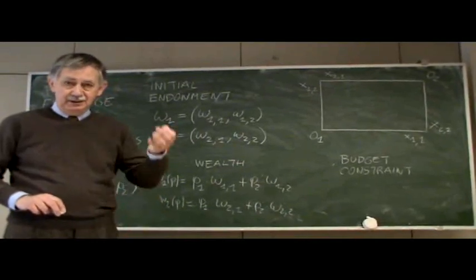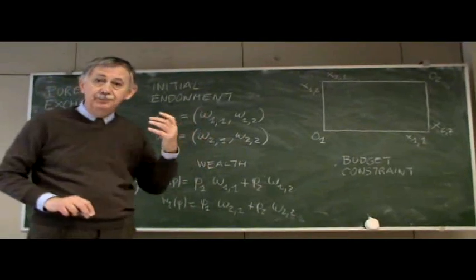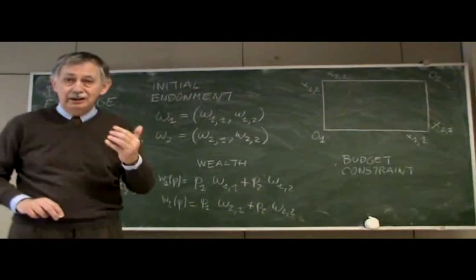In other terms, the bundles whose value, according to the price system P, is not superior to the value of an initial endowment.